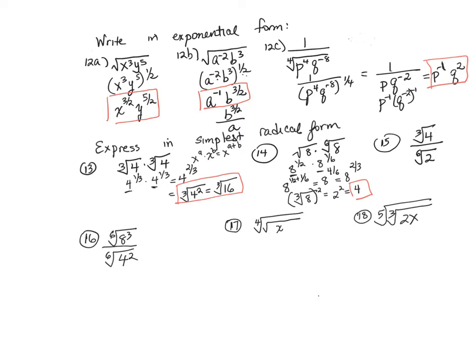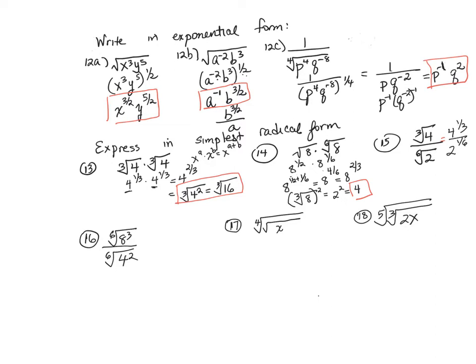Okay, I'm going to erase this little thing here. The bases are the same. I don't want you to get confused. Now, notice that in 13 and 14, the bases were the same. But that's not true in the next one. So let's start the same way. We'll rewrite this as 4 to the 1/3 over 2 to the 1/6.